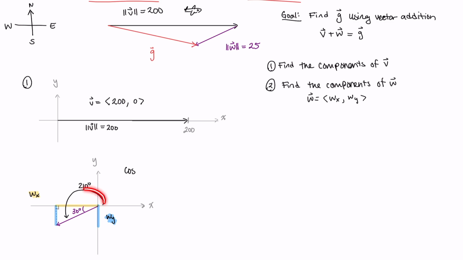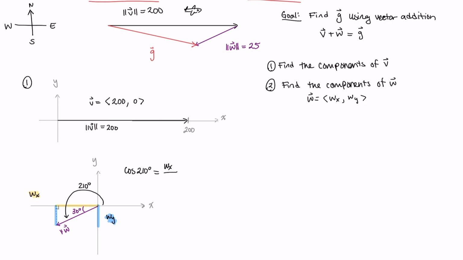I'm going to use this 210 one, since that'll accurately give me the sign, positive or negative, of the cosine and the sine, that is the x component and the y component respectively, in quadrant 3. So cosine of 210 degrees is equal to the adjacent over the hypotenuse. So the adjacent is the x component, and what is the hypotenuse?